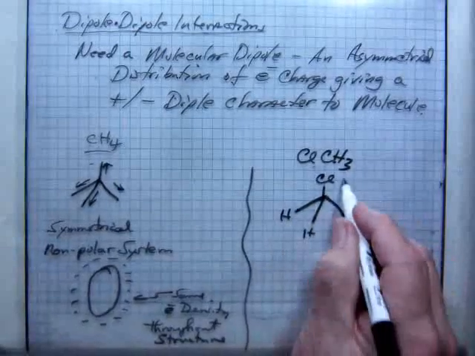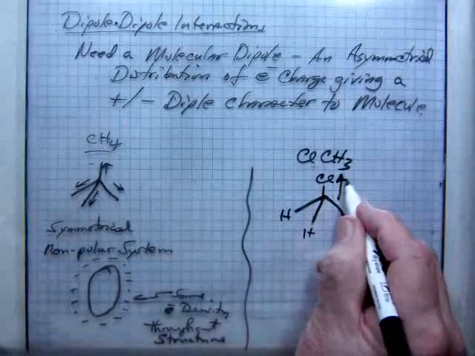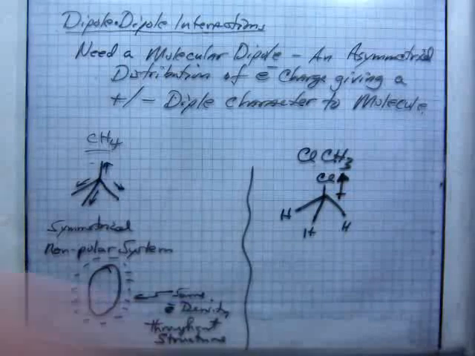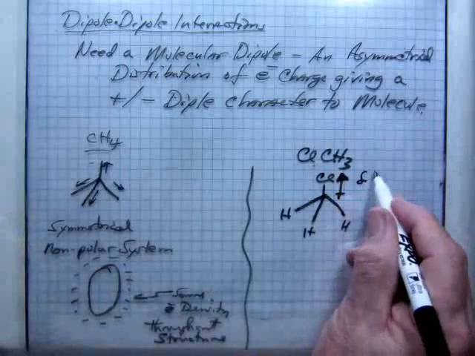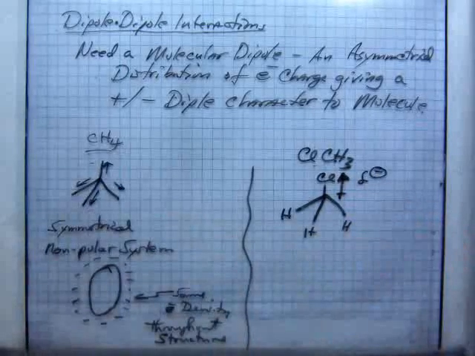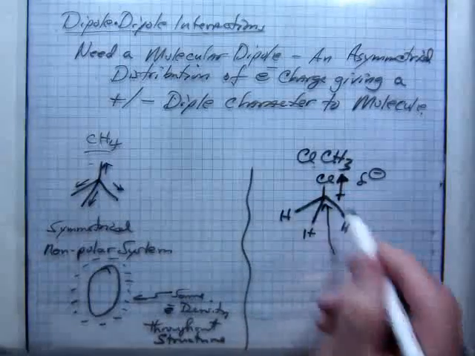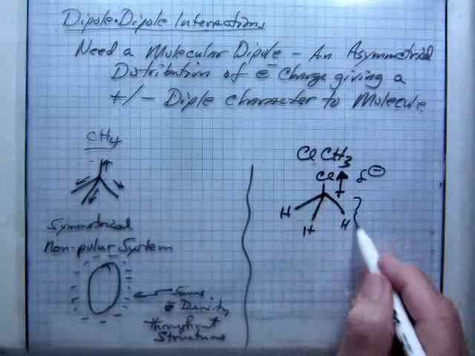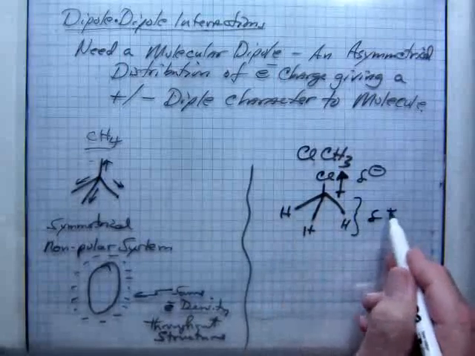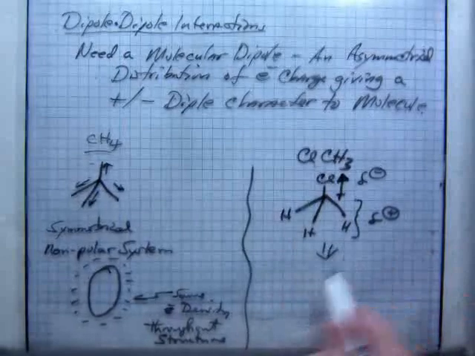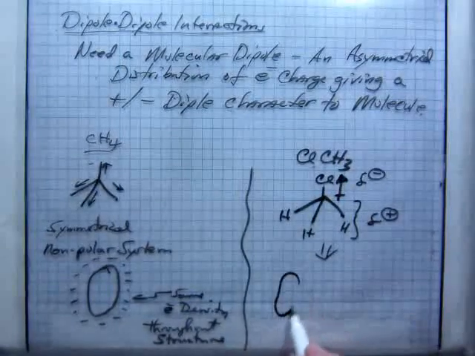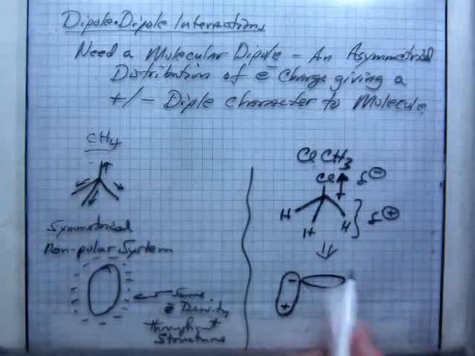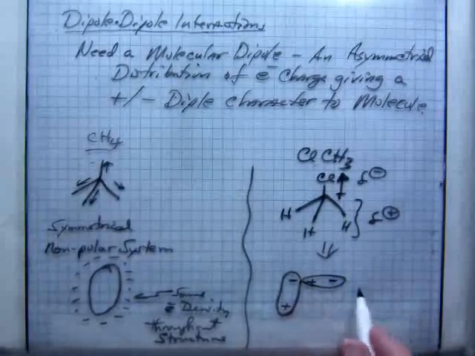Because of the strong electronegative nature, the electronic structure is displaced toward that chloride, and this portion of the molecule would carry a positive charge. And so what you would have is a molecule with a negative end and a positive end that would interact with another one, positive, negative, and so forth.